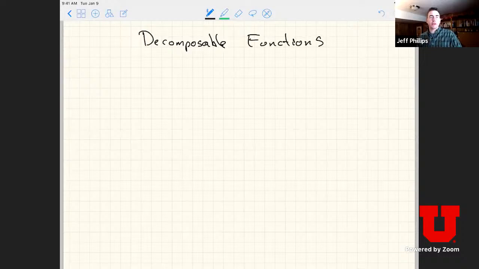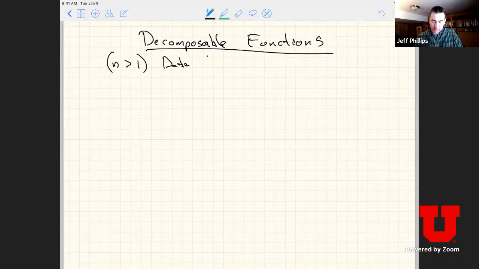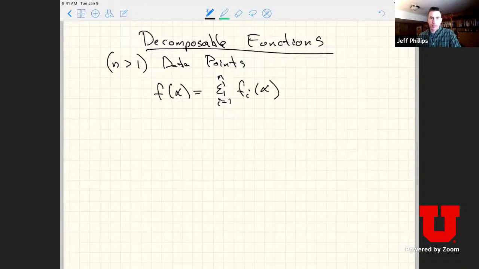This is going to be when you have n greater than 1 data points generally, and you write f of alpha equals the sum from i equals 1 up to n of f_i of alpha. This is even more common than these sum of squared error formulations. Sum of squared error comes up all the time in data analysis because it's simple to use.